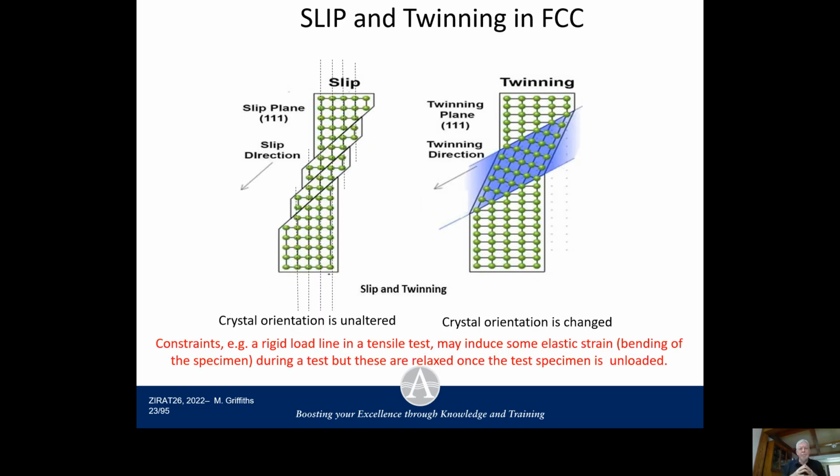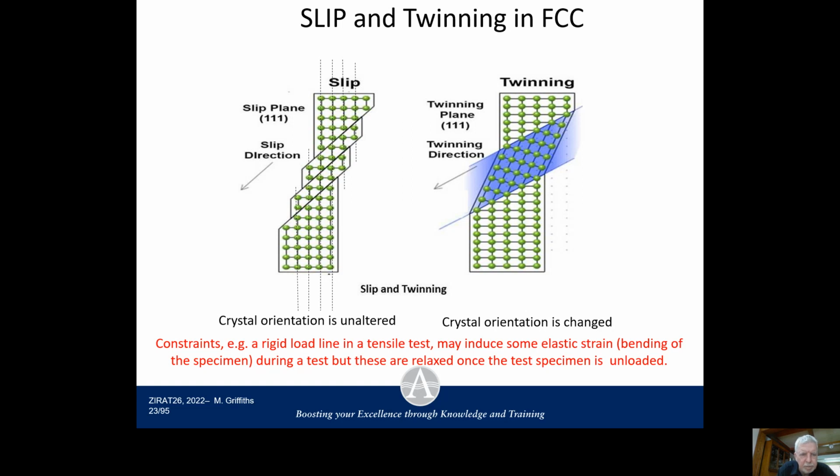Okay, the other way to deform, again, we're talking about mechanical properties, is by a process called twinning. I mentioned to you just now that slip is a process which doesn't change the orientation of the crystal. So if we shear along a high density plane, which is dislocation slip, we can distort a component.